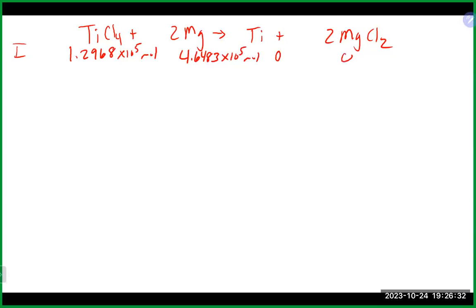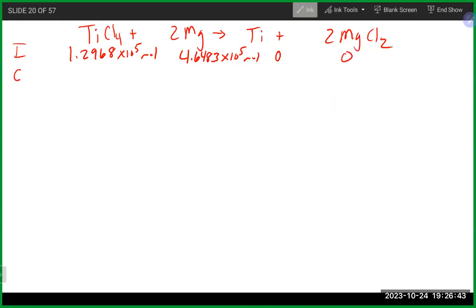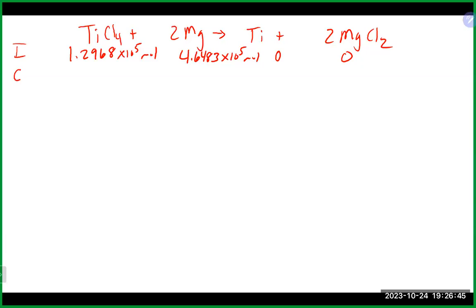That's going to be 0 and 0 on that side of the arrow. Again, the most important part of the ice table is the change part, since that really does take into account the stoichiometry. So we're going to do minus x because this is a coefficient of 1. We're going to do minus 2x because that's a coefficient of 2.